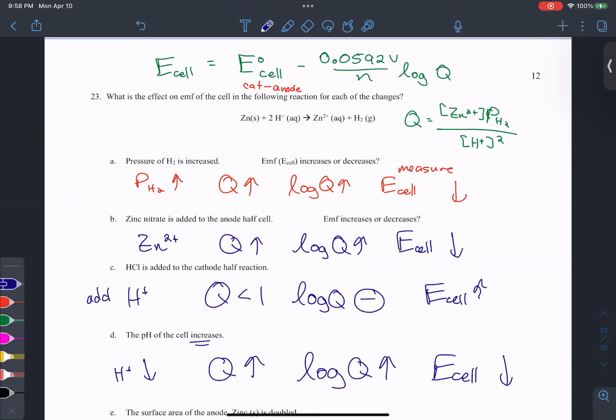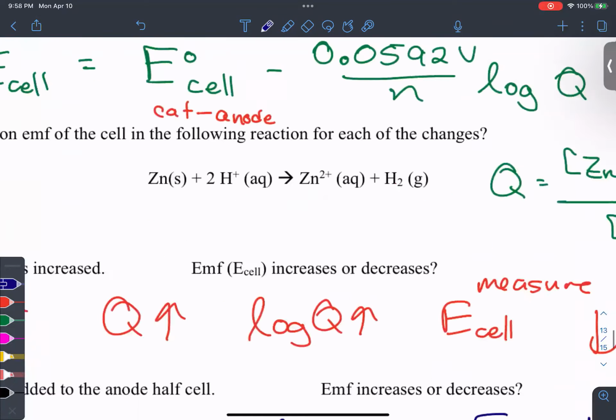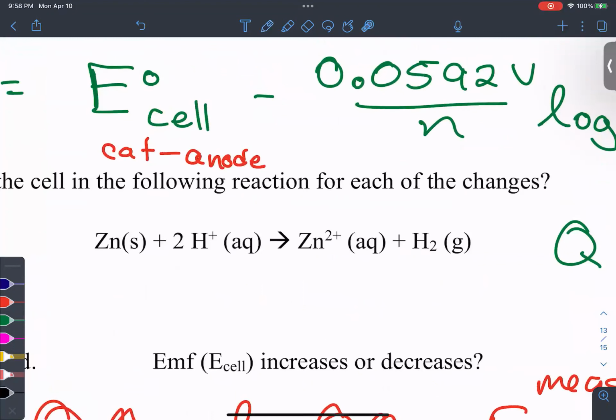So the general idea here is, if you think Le Chatelier's principle, if this is a spontaneous reaction with a positive cell potential, it's going to become more positive if you add reactants, because when you do that, Q becomes smaller.